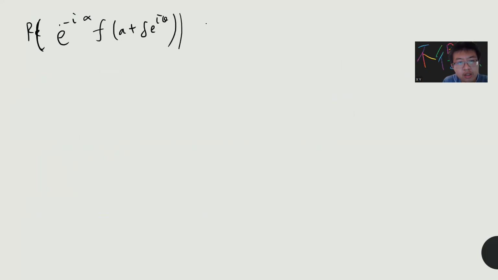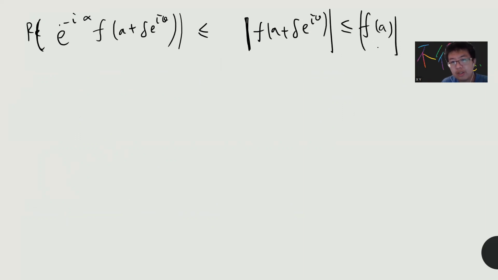Let me just write this down. The real part of e to the negative i alpha times f of a plus delta e to the i theta is less than or equal to its norm, because it's only the real part. So it's less than or equal to the norm of f of a plus delta e to the i theta, and less than or equal to the modulus of f of a by construction.